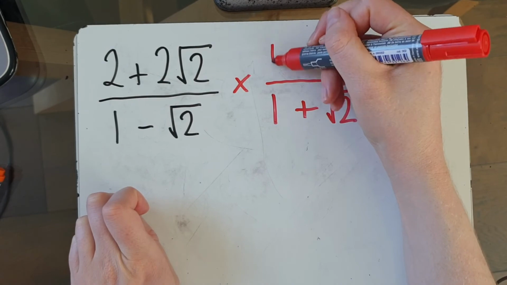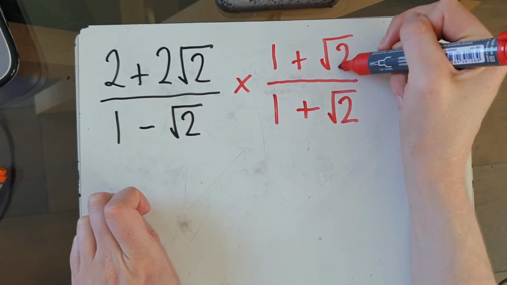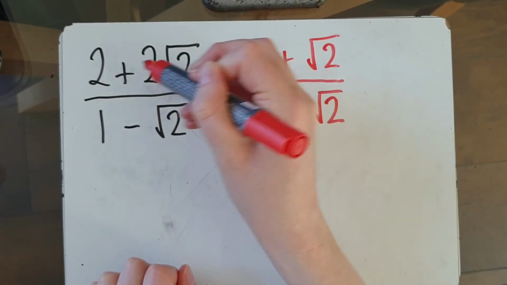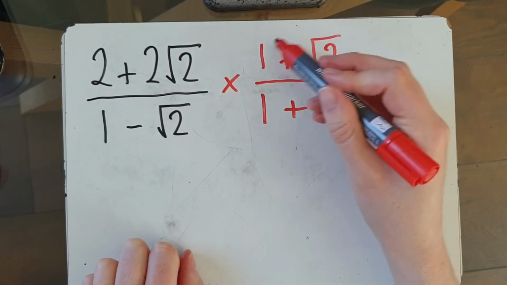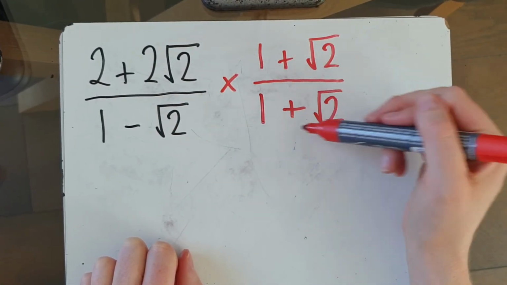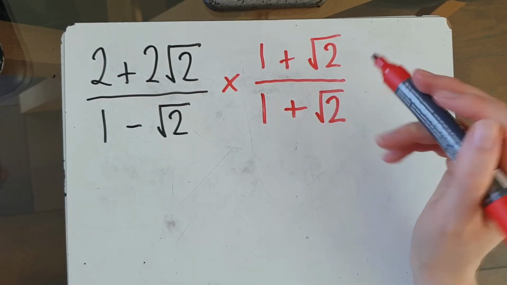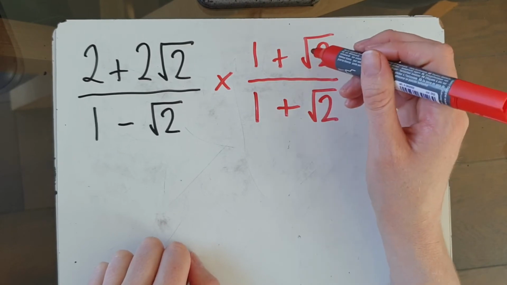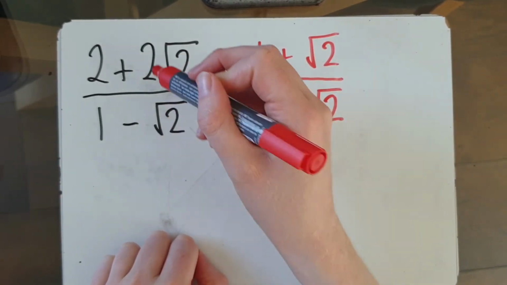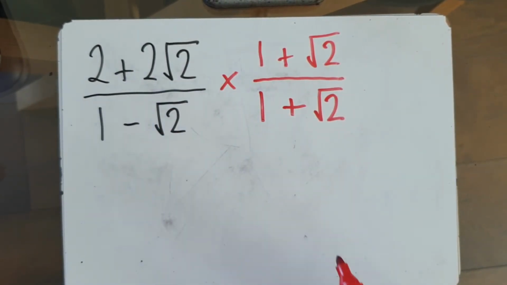We're going to have the same in the numerator because we need to be multiplying this fraction by 1. This divided by this, it's something divided by itself, so this fraction is 1. That's why it's fine to multiply by it, because we are just multiplying by 1, but it would change the format of this fraction, but not the value.